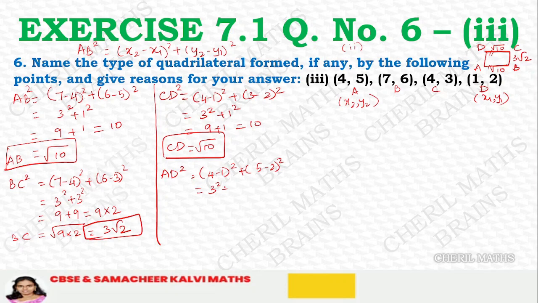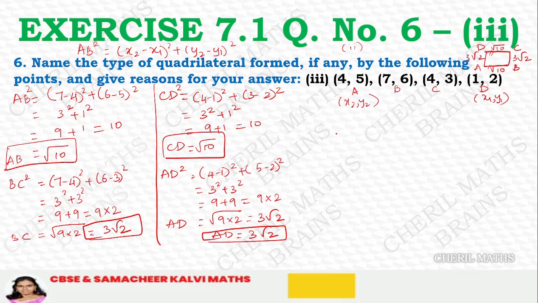So it will be 3 square plus 3 square, which is 9 plus 9 or 18. So I can write it as 9 into 2, and AD will be square root of 9 into 2, which is 3 root 2. So my AD is 3 root 2.